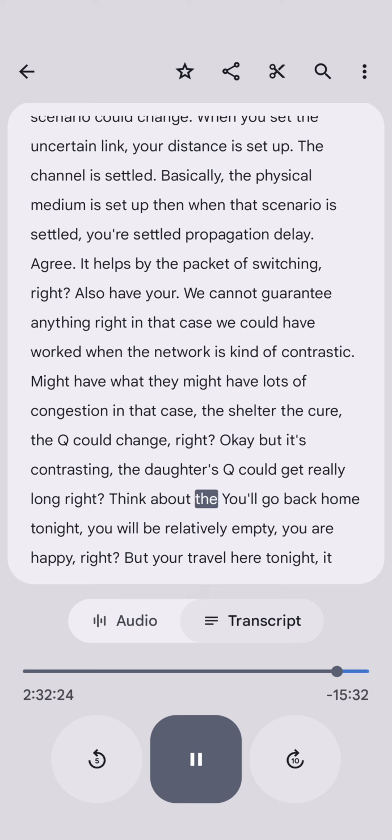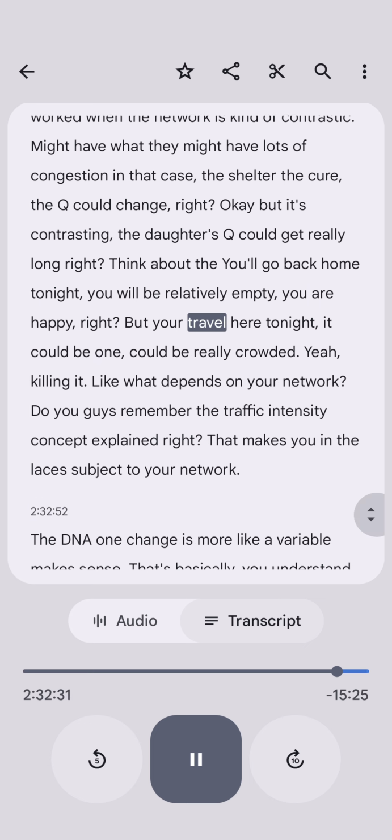Think about it: when you go back home later, 290 will be relatively empty, you're happy, right? But when you travel here, 290 could be really crowded. Queuing delay depends on your network. You guys remember the traffic intensity concept, right? That means queuing delay is subject to your network congestion situation, the delay will change. It's more like a variable. Make sense?